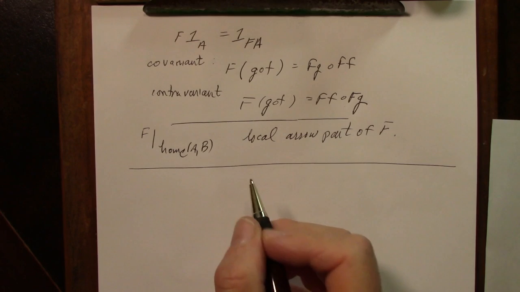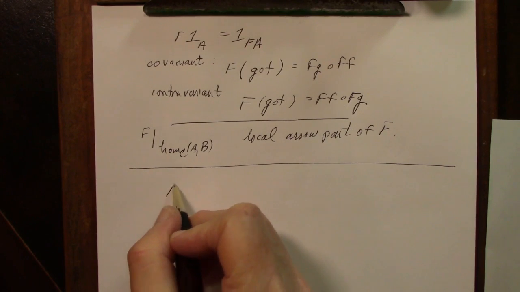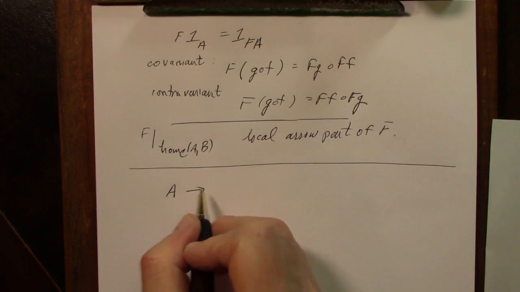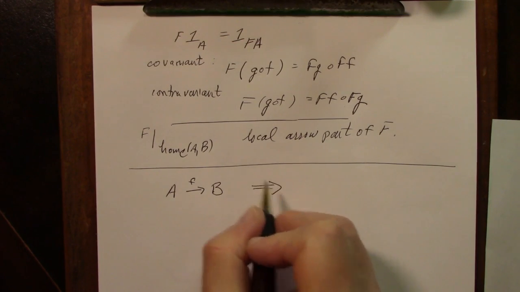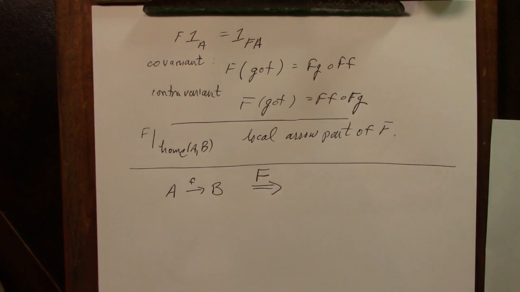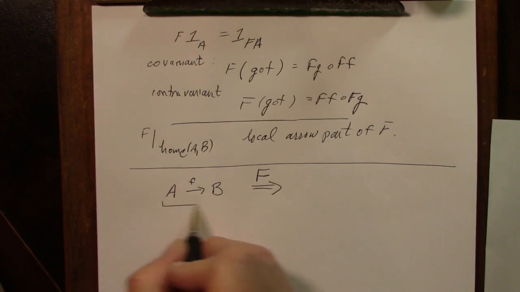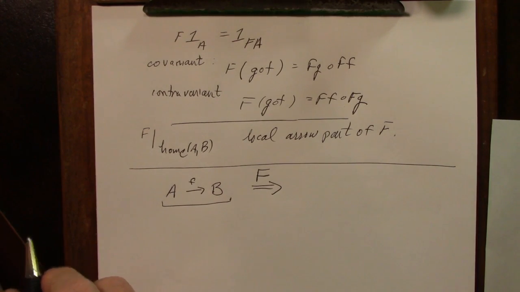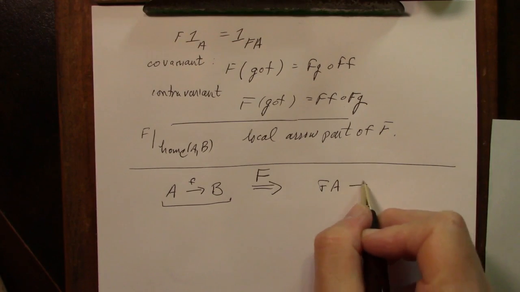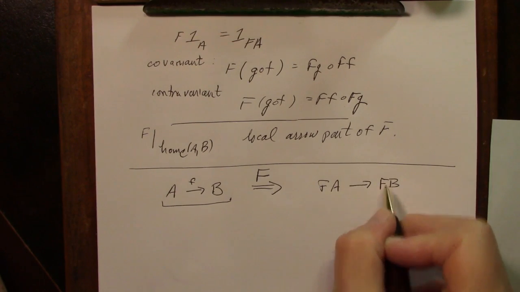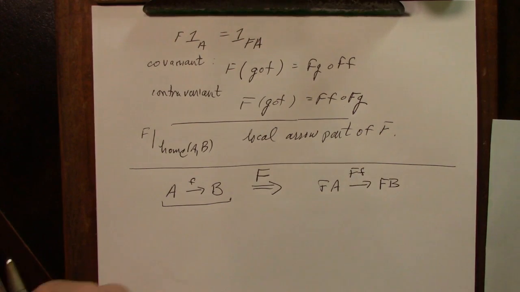One way to view a functor that I think is helpful is that it's a map from one arrow diagrams like this to, in the covariant case, one arrow diagrams like that.